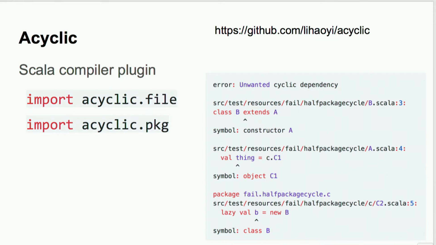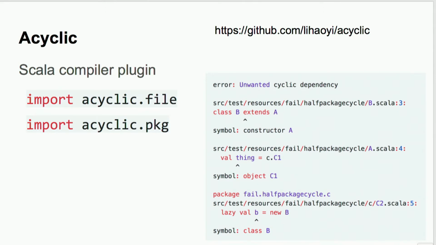It's a compiler plugin. It operates by putting this special magic import in the source files that you want processed, or you can also just say process all the source files. And you specify whether you are happy with the looser rule, where cycles are only forbidden at the package level, or whether you want to enforce something much stricter and disallow cycles even at the level of source files.